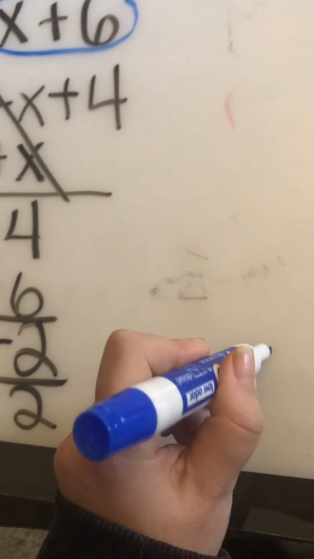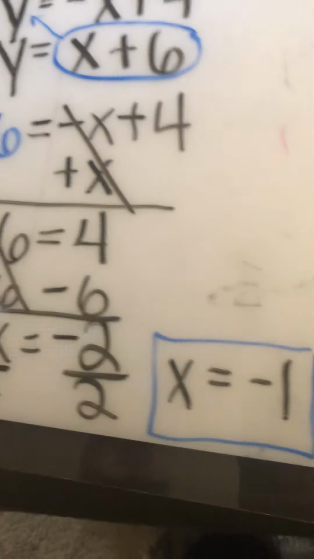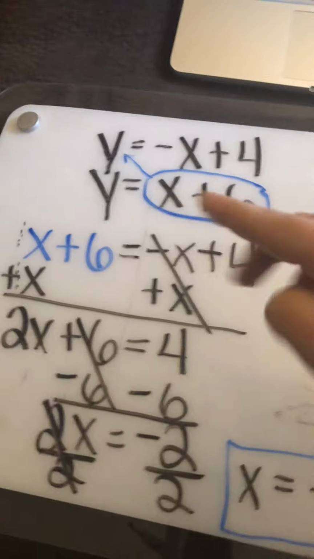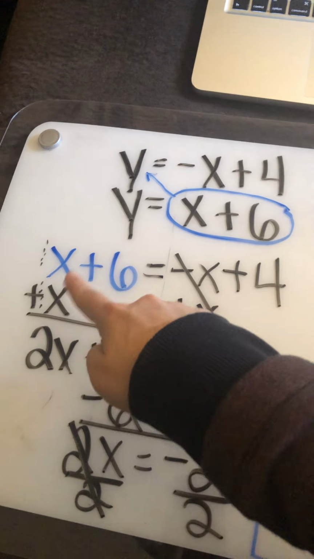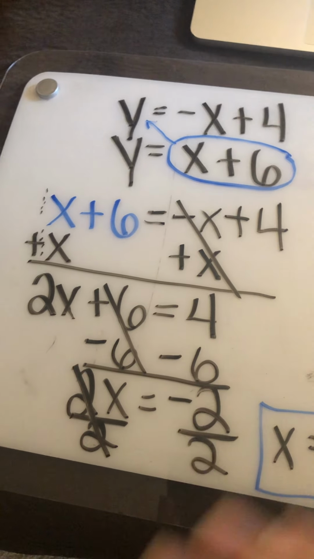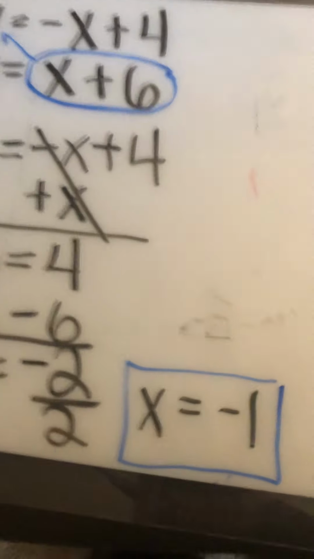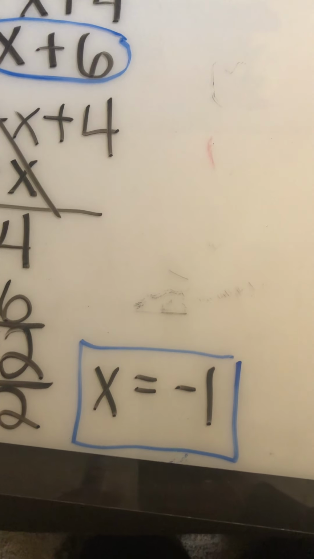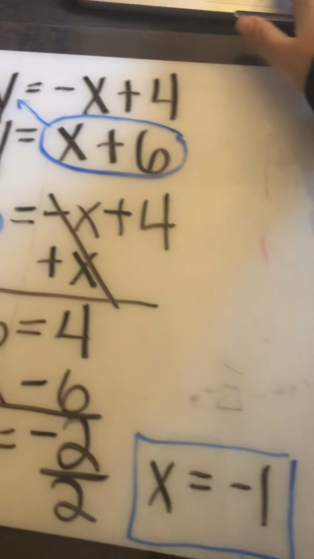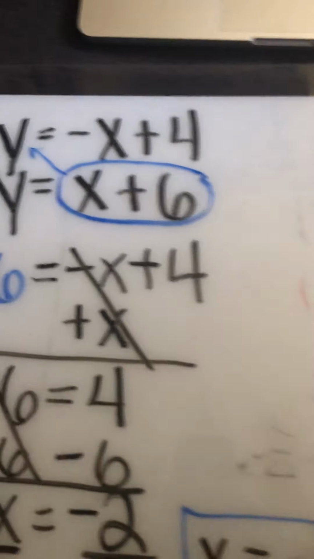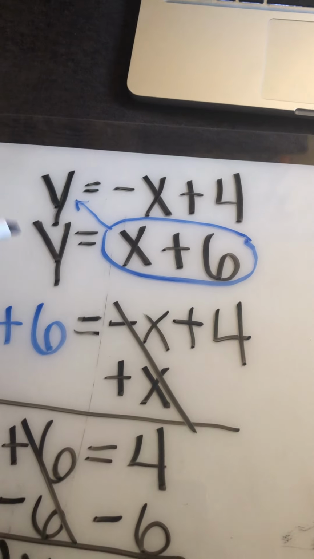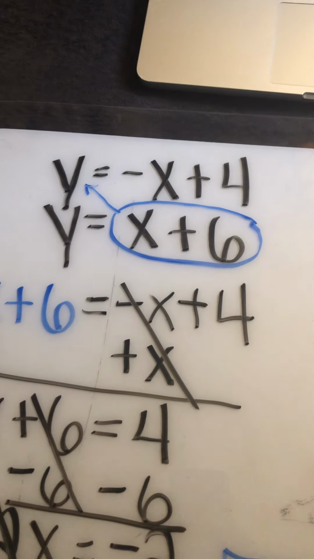Okay, so this is part 1. Part 1 is substituting in the equation for y, solving it using your previous understanding of equations, and finding the value of x. Okay, now part 2, you are going to pick either equation. Okay, it doesn't matter which one you pick, both are fine.